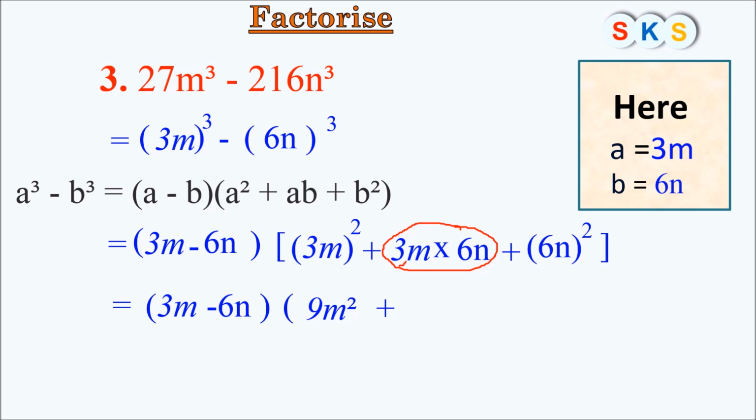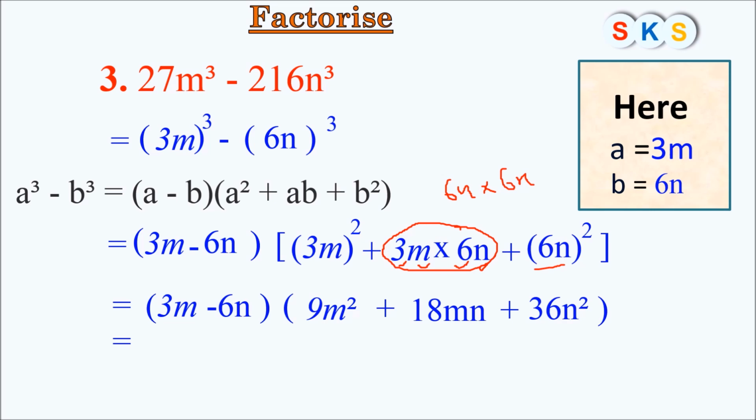Sorry, 3m into 6n gives us 3 into 6 is 18, so we will get 18mn, plus we have now 6n the whole square. 6n the whole square means 6n into 6n, so 6 into 6 is 36 and n into n is n square. So we will get 36n square. Close the bracket.